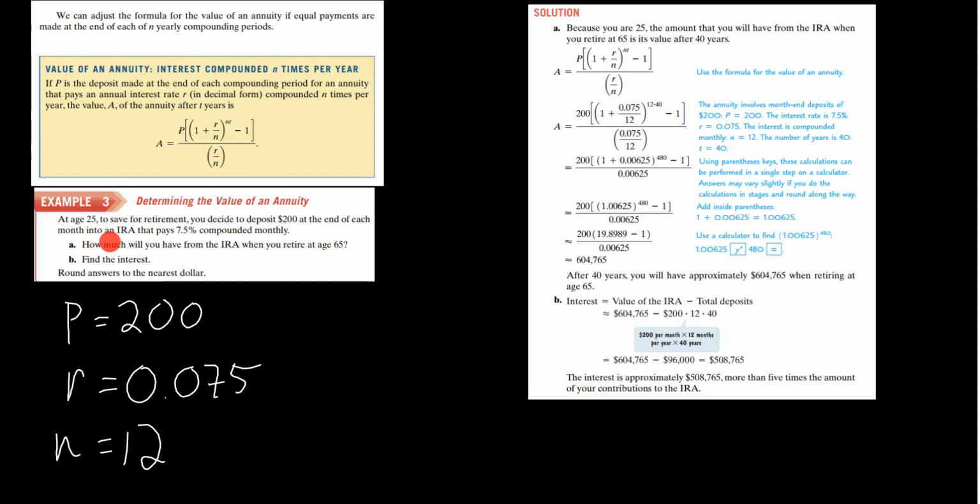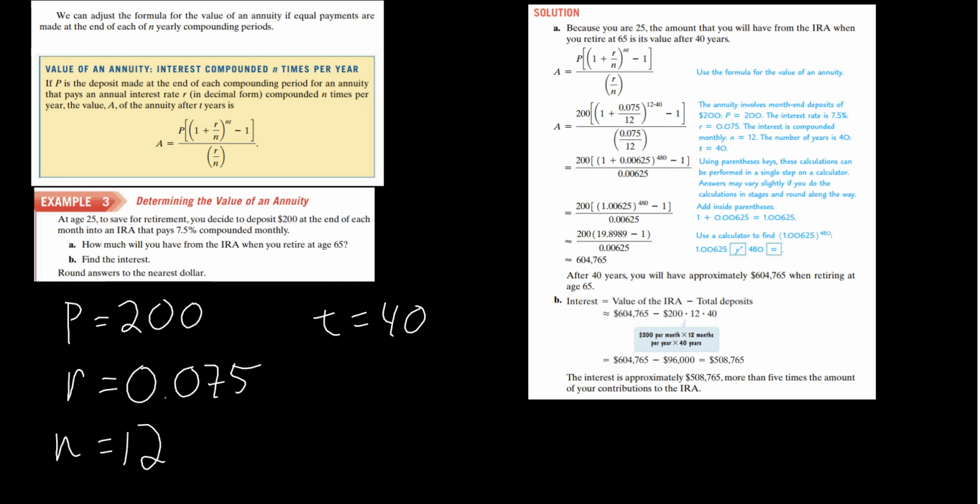So how much will you have from the IRA when you retire at 65? Okay, well, if I retire at 65 and I am 25, hopefully I can make it that long, first of all. My T is going to be equal to 40 because 65 is 40 years away from 25.